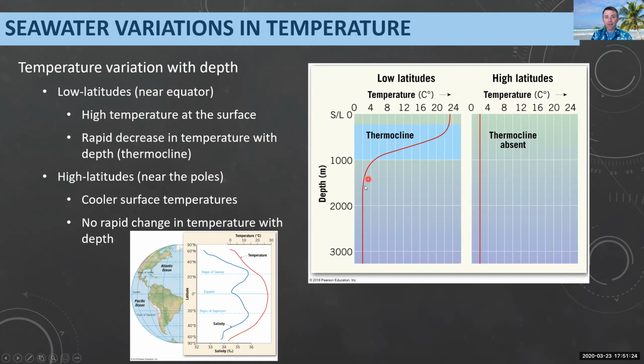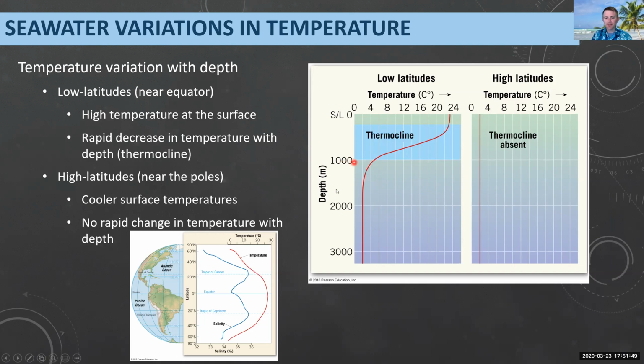This is a graph that kind of shows you what I was talking about a little bit earlier, called the thermocline. So the thermocline is where you have that warm layer of water on top. Right here, this little layer of water is somewhere about 23 degrees Celsius, which is about 70 degrees Fahrenheit, something like that. And as you go down just a little bit, here's our depth.